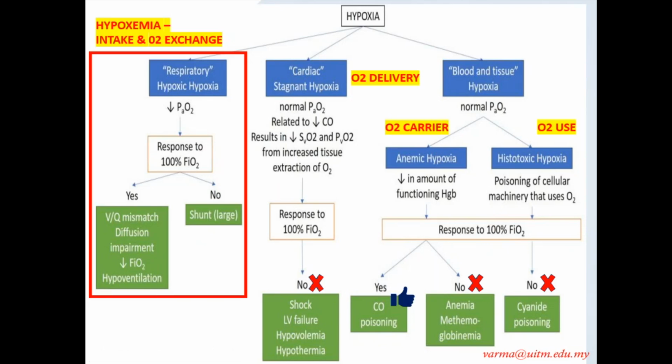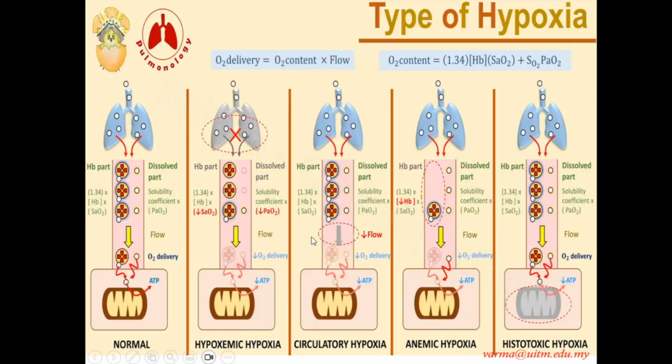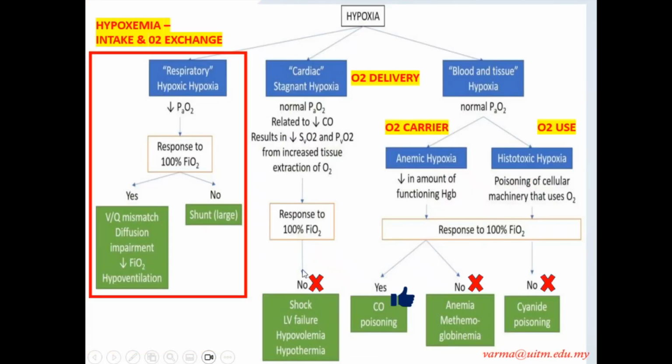Whatever they have, they extract. So the venous oxygen will drop even further. The response to FiO2 of 100% is not much because the problem is with the flow. When you increase the FiO2, it only increases the content. The content increases, but the flow does not increase much, so the response to 100% oxygen won't be much.